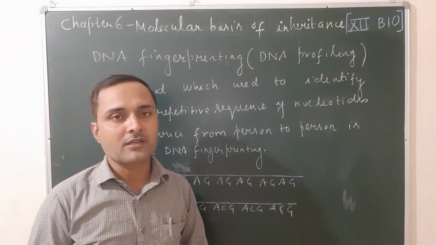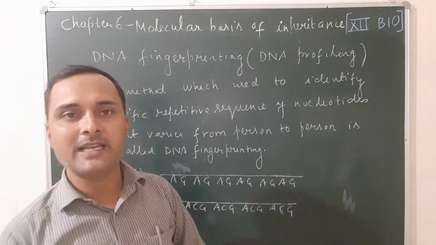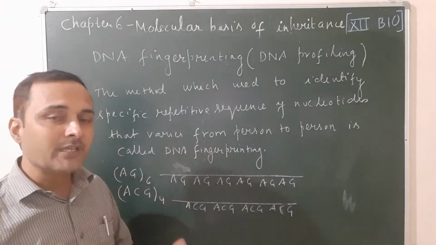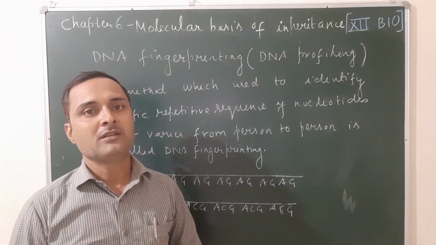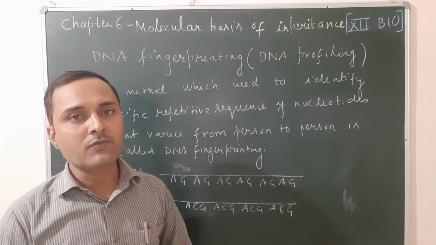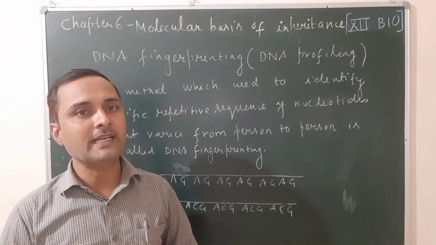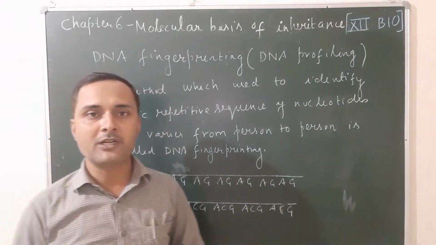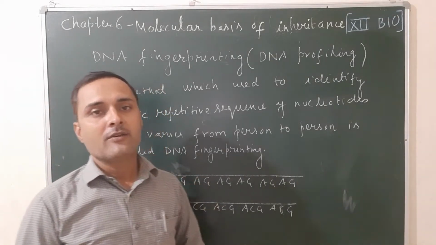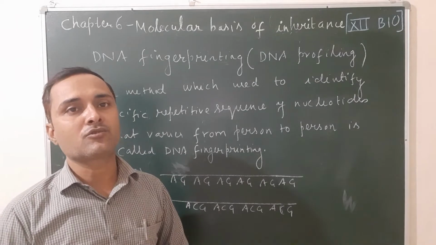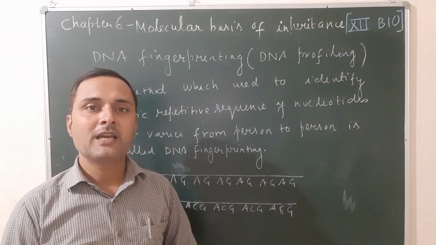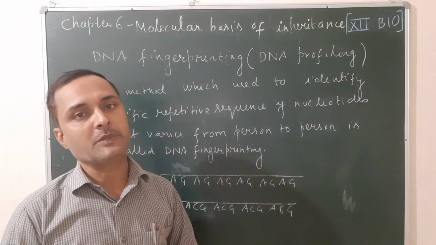So by this method we can identify a person's identity because these repetitive sequences are never the same. With the help of DNA fingerprinting we can work in forensic science, solve various murder cases, and settle paternity disputes.